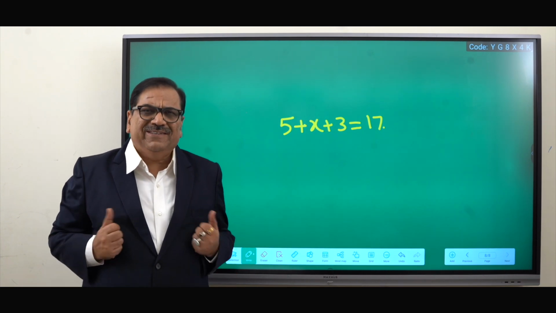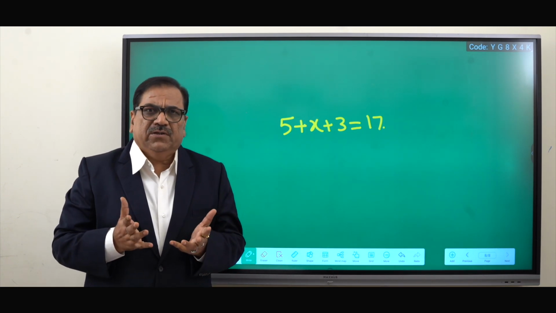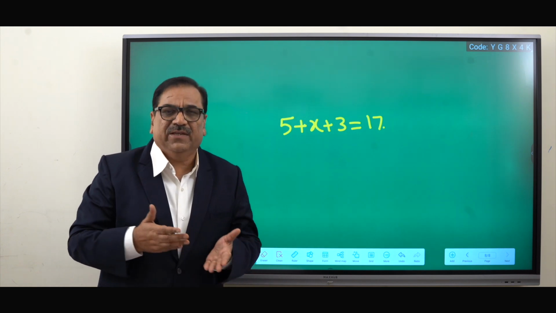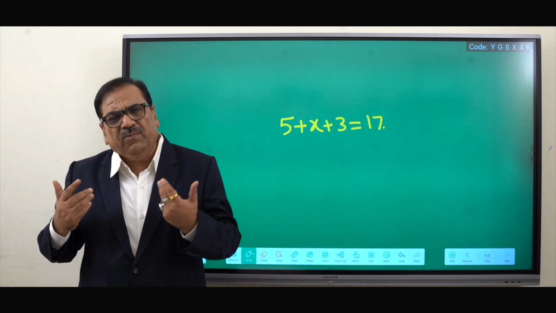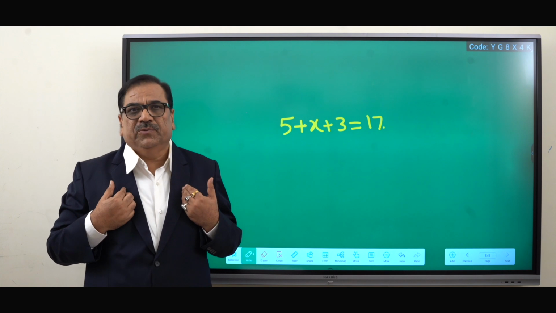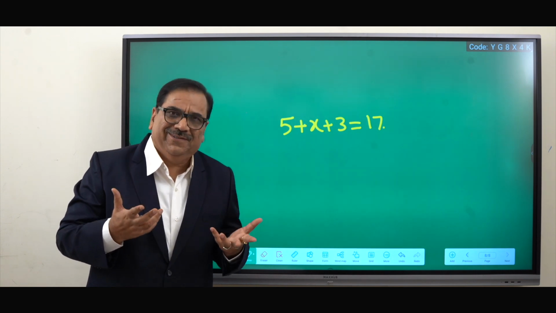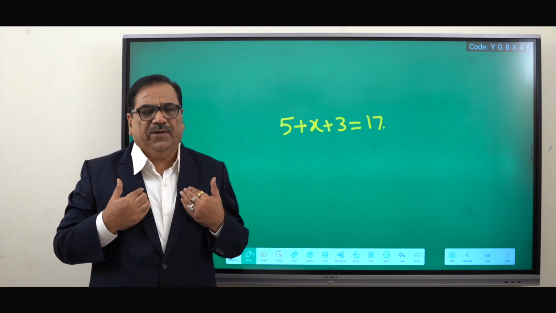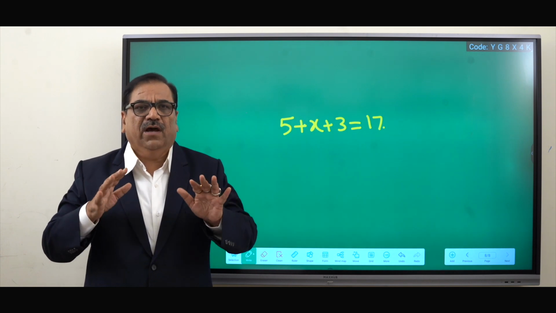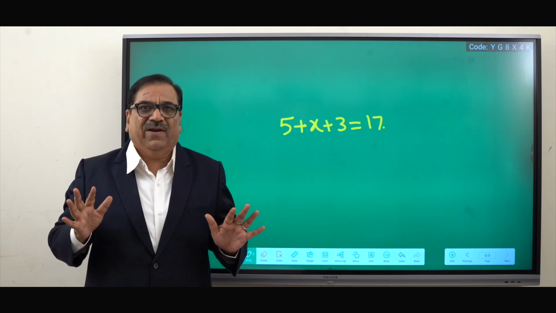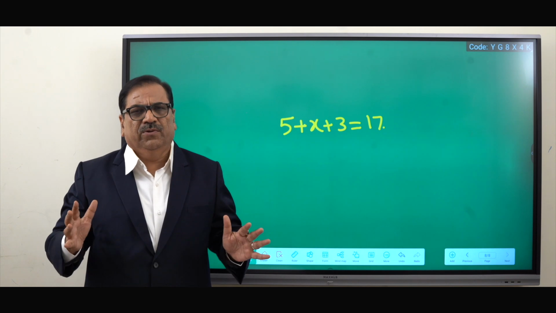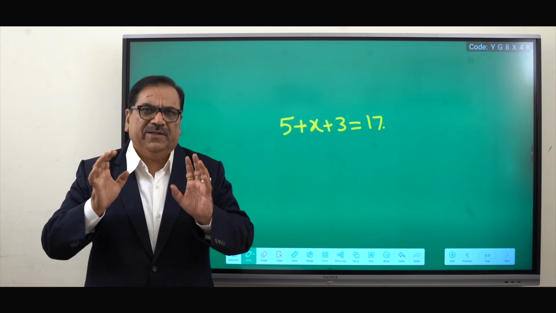The purpose of the equation is, in an equation some things are known, some things are unknown, but with some rules, with some tricks, we have to find the value of the unknown. Finding the value of the unknown is called mathematics.